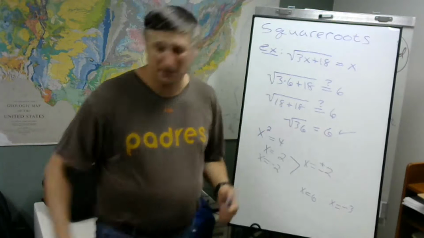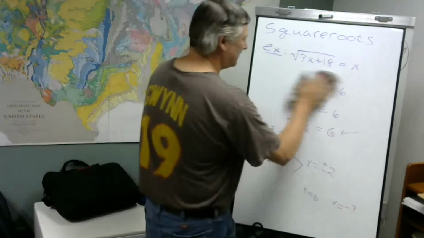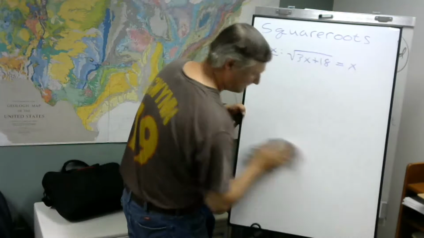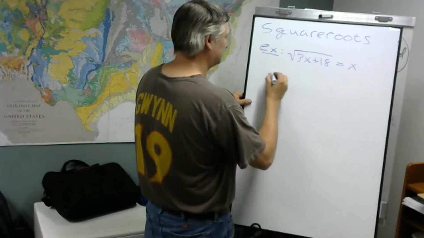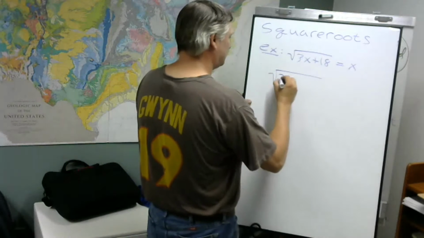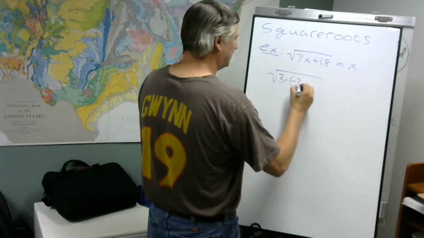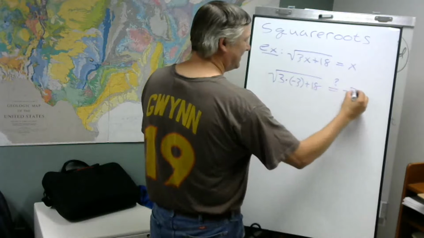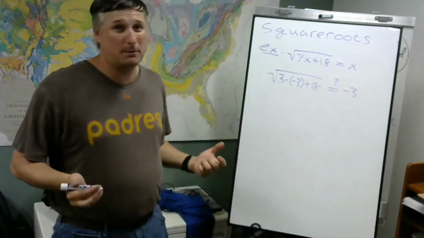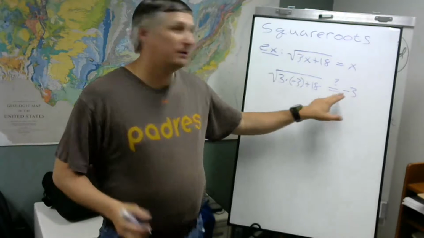Now let's try -3. So is the square root of 3 times -3 plus 18 equal to -3? Already we see a problem here. Positive, negative.